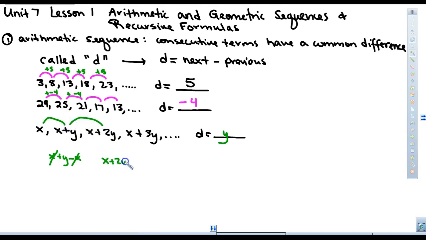X plus 2y minus, make sure you put this in parentheses, a quantity of x plus y. So that gives you x plus 2y minus x minus y. X's cancel. 2y minus y leaves you with y. So you are going to get that common difference of y every time. Okay? So that is an arithmetic sequence.